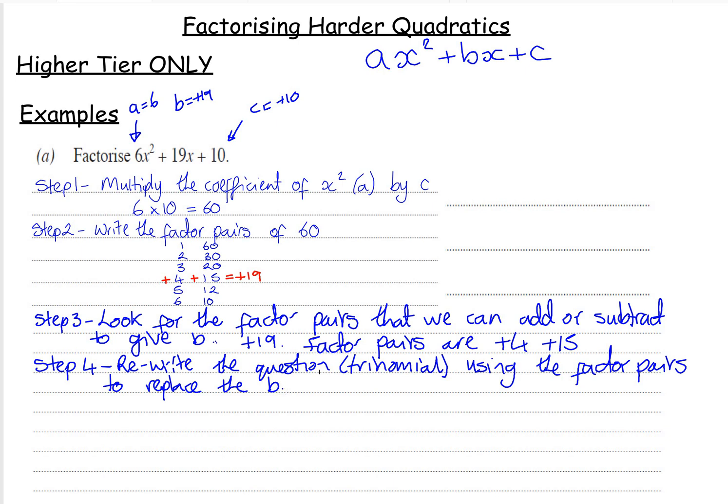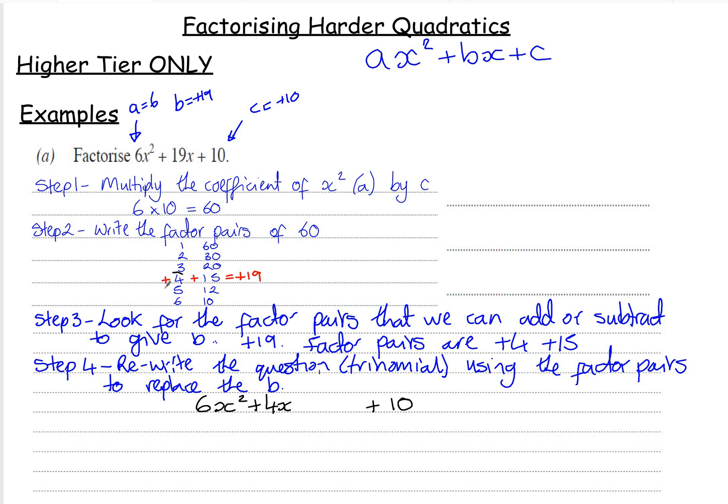So what we have here then is that we're still going to have 6x squared, and we're still going to have plus 10, but this plus 19x we will rewrite using plus 4x, and that's come from the factor pair.